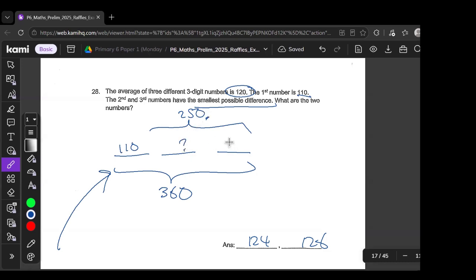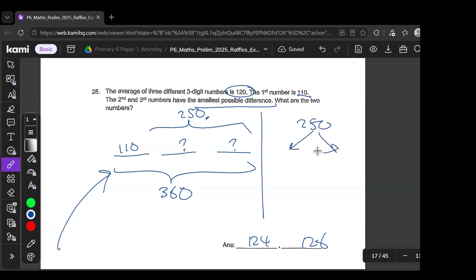Okay, so what are these two numbers? And they have to be different. So the concept is this. If you want the smallest difference, you must have the biggest number minus the second biggest. That will give you the smallest difference. So how do you get the biggest and the second biggest? Just divide by 2.